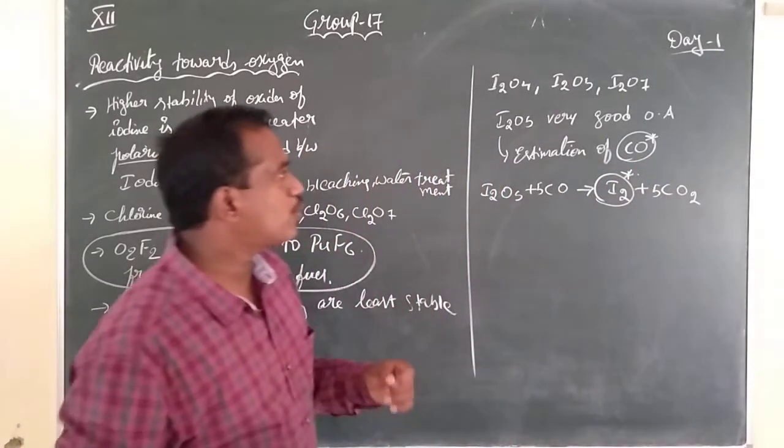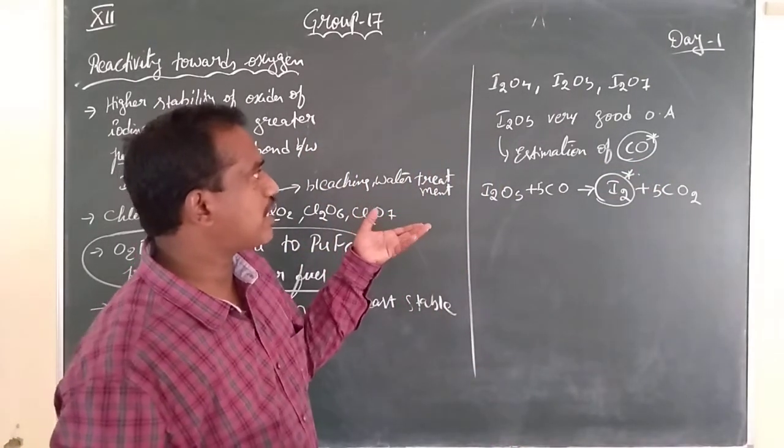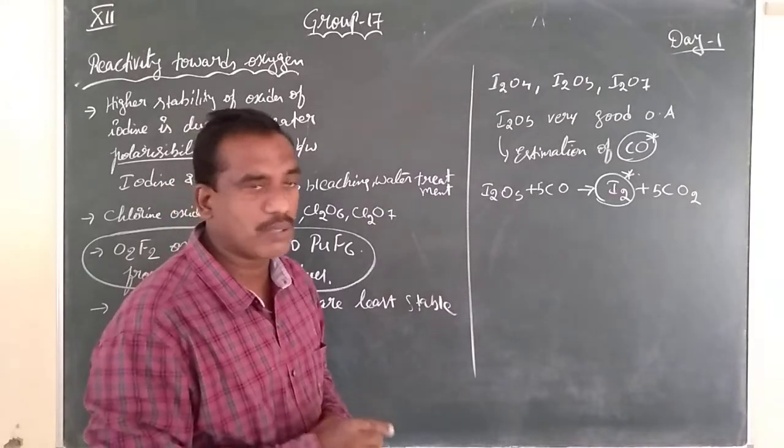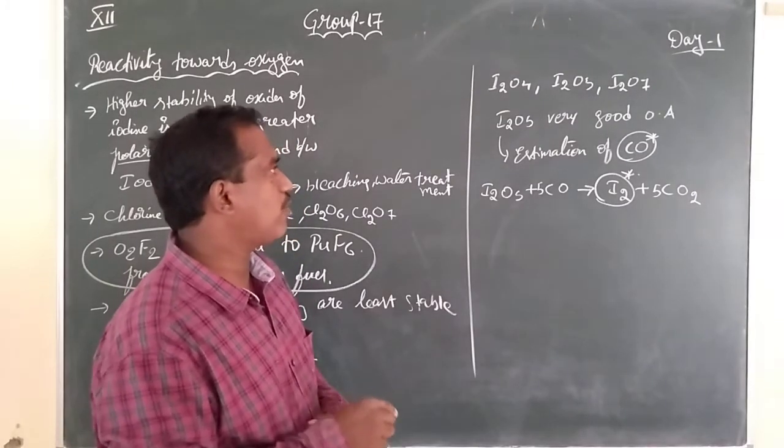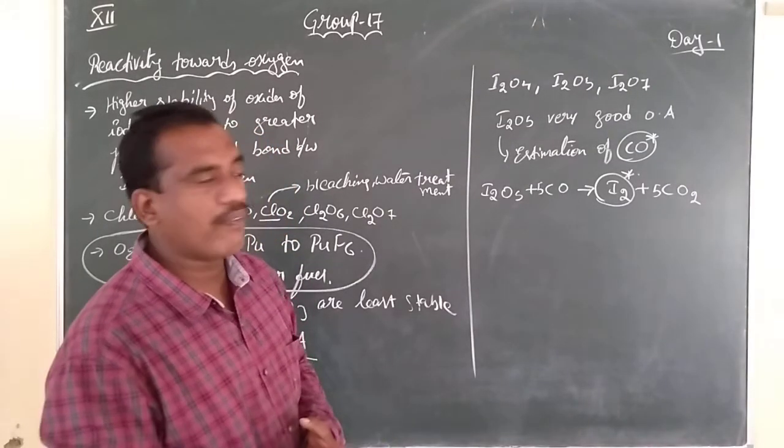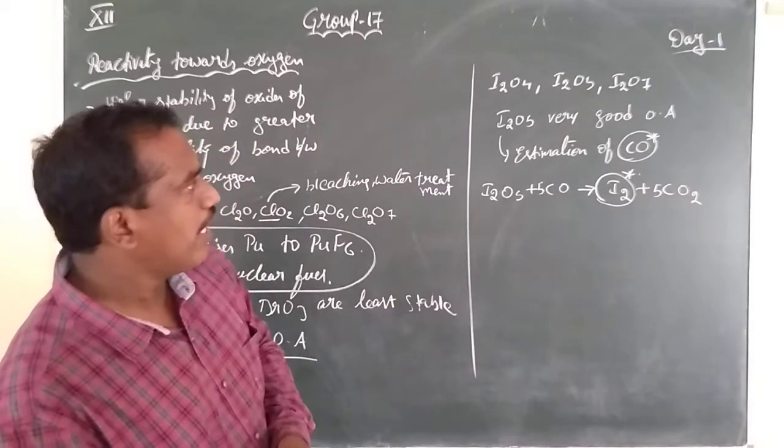It is not that it shows a +7 oxidation state. What is the oxidation state there in I2O5? Calculate the oxidation state of each element.